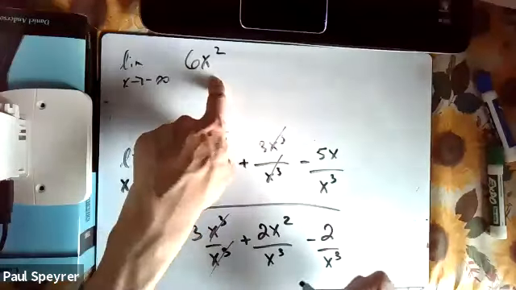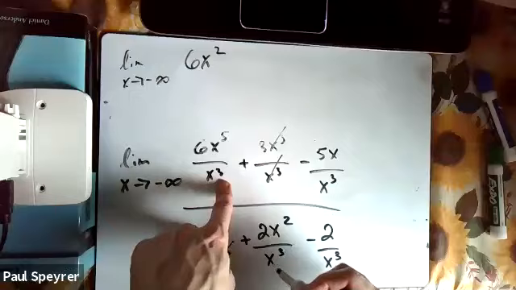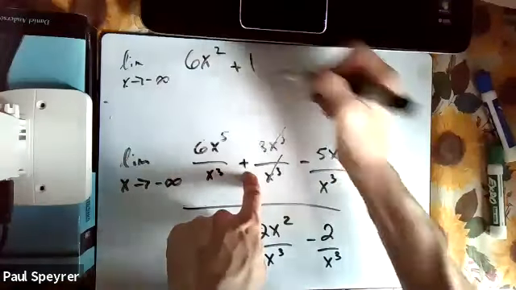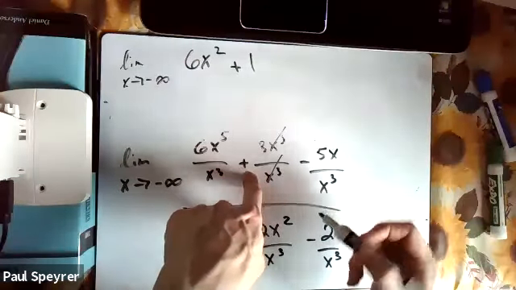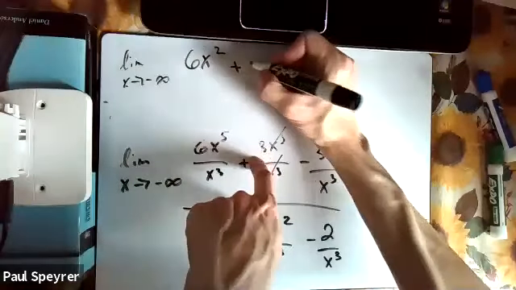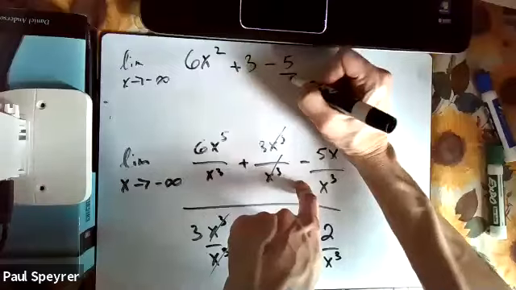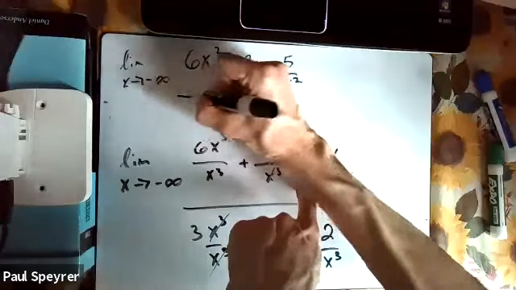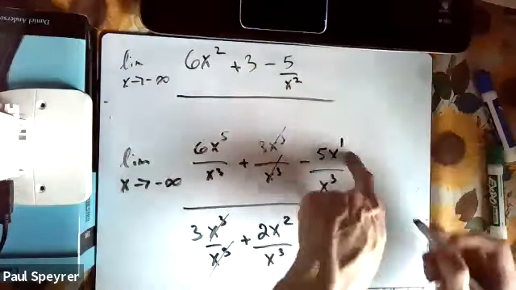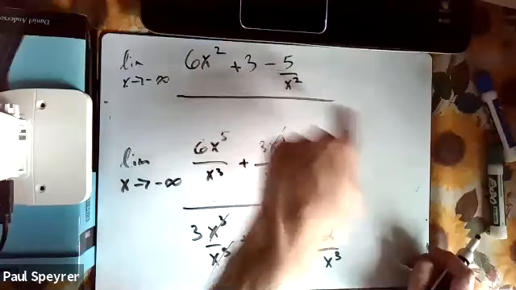We still have an x squared because x to the fifth over x cubed is x squared. This is plus 1. Remember, it doesn't reduce to nothing. It reduces to 1, or 1 times 3, which is 3. And then we have minus 5 over x squared. This is x to the first, correct? So you're left with 2 x's on the bottom.